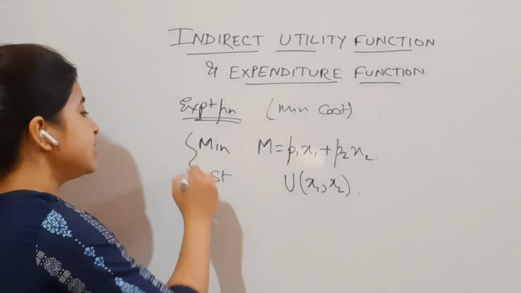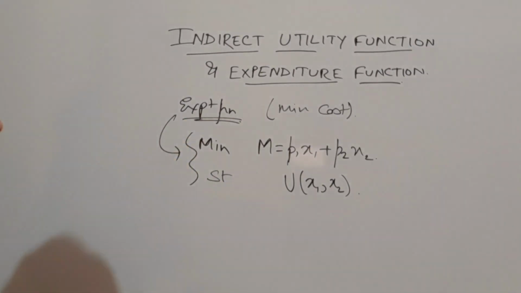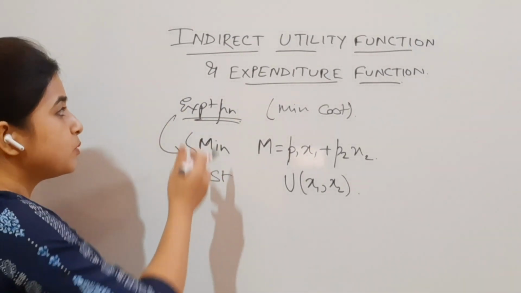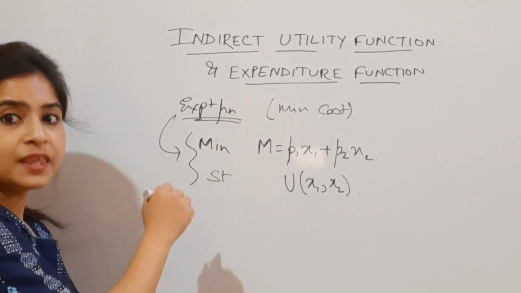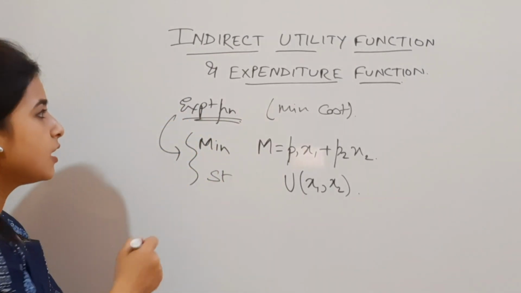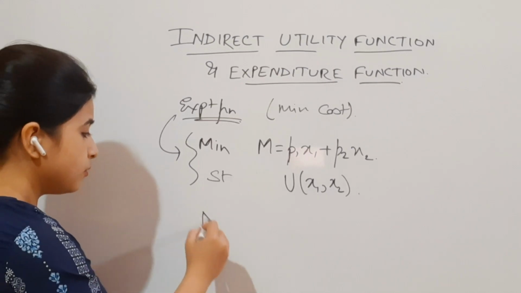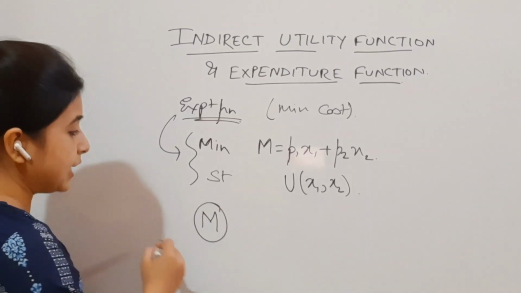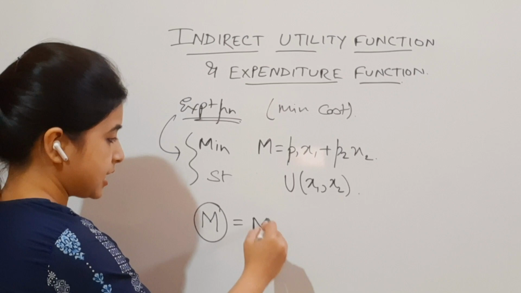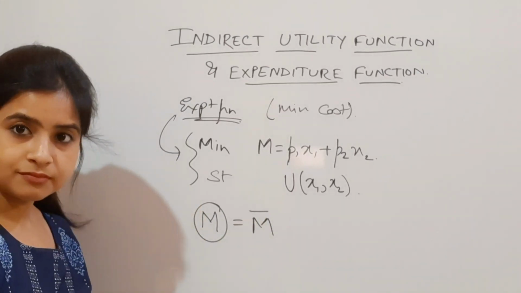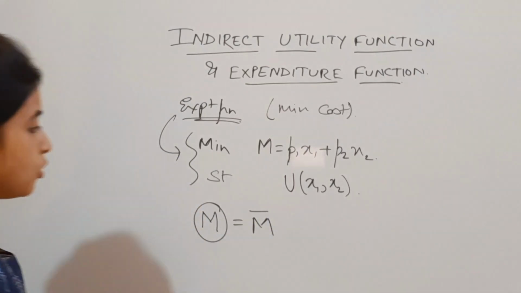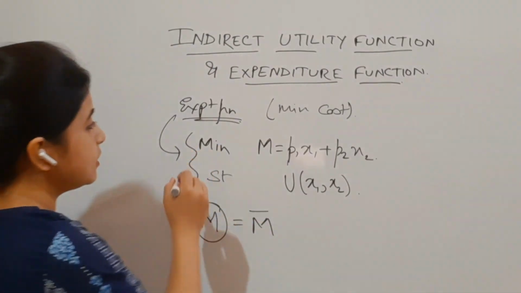So this is basically the problem for the expenditure function. After solving, of course, here also we get a particular value of m, which we can represent as m bar, right?